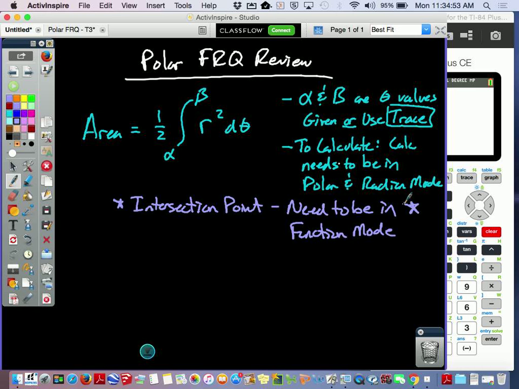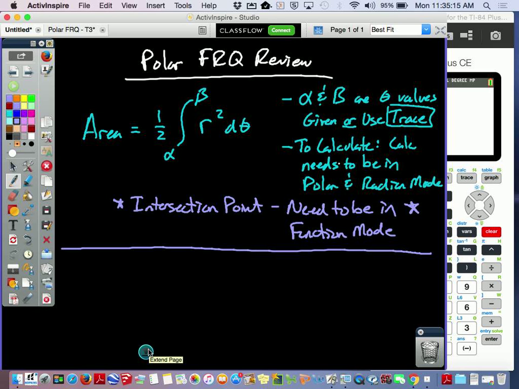There is no way to find intersections in polar mode, even if you're looking at the graph. So you need to kind of pull out of the graph in polar mode, switch it to function mode, and then just work with your equations a little bit differently.